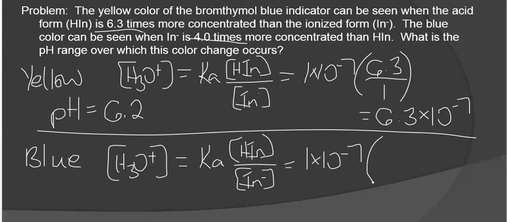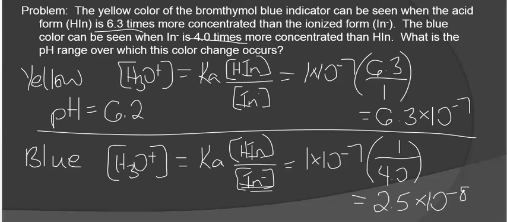So we're going to give the acid form a value of 1 and the base form a value of 4. So solving for H3O+ here, we get 2.5 times 10 to the negative 8th molar, which corresponds to a pH, when I take the negative log, of 7.6.